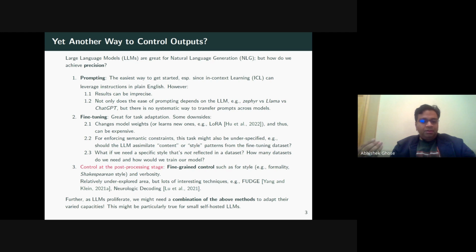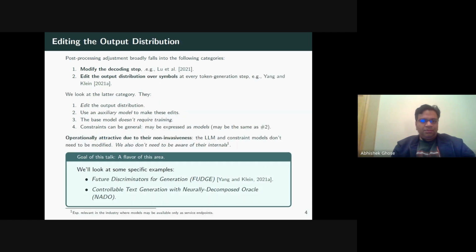And my personal view, having seen various models in the industry, having tried to tune some of the self-hostable models for our use cases, is that to get the results you want, you may not have the luxury of just saying, oh, I'll just use prompting for my use case, I don't need the other two. Sometimes you might need a combination of techniques to get the results you want, right? So sometimes picking one over the other might not be an option, you might have to do all three. Okay, so let's move on.